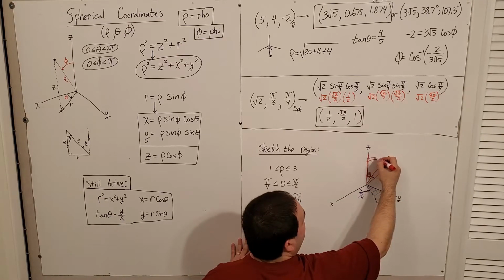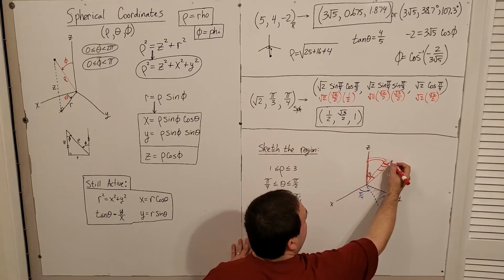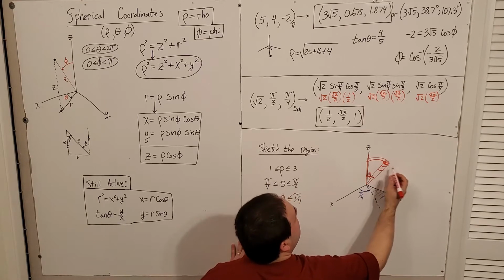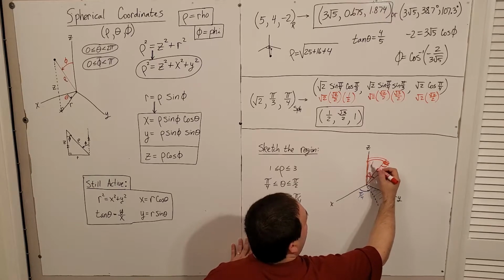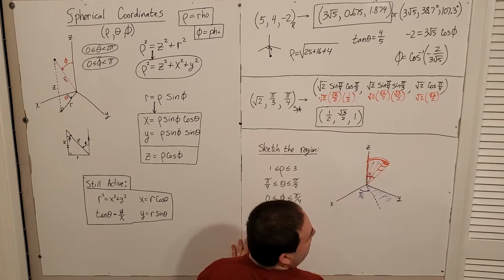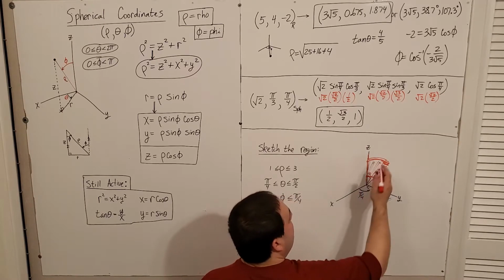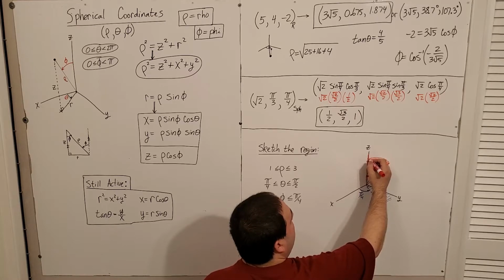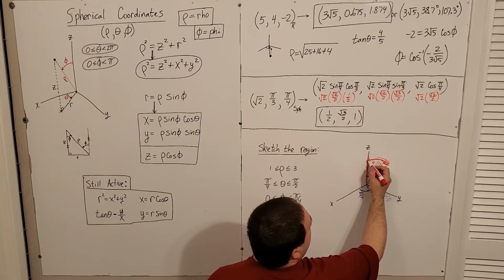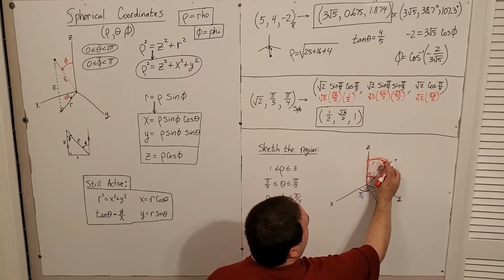So I'm going to have something that looks like this, and then something that's like this. Okay, so it's going to be radial here, and then it's going to be round on the top, like that. Okay, and it's going to come from the same point on the z-axis here. So it's going to feel pointy here, and then it's going to be outward like that.